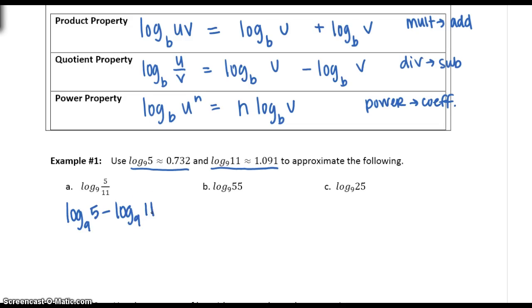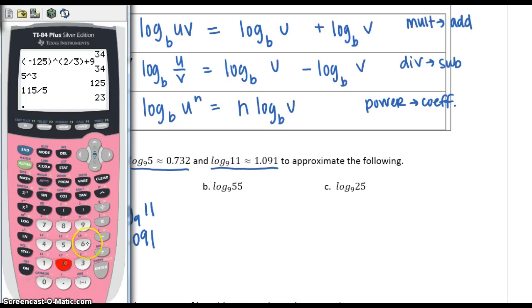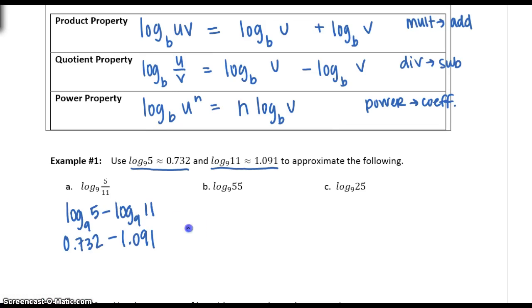And we know that log base 9 of 5 is 0.732 minus log base 9 of 11 is 1.091. So 0.732 minus 1.091 is going to give us negative 0.359. Done with that. Beautiful. Let's look at the next one.